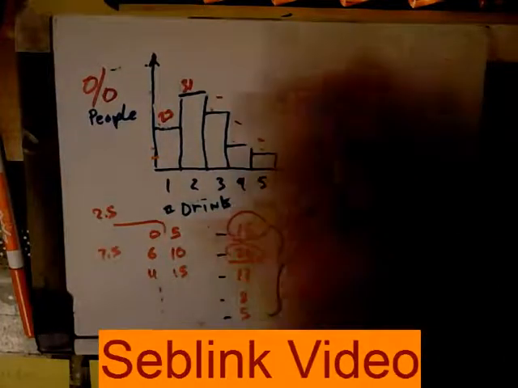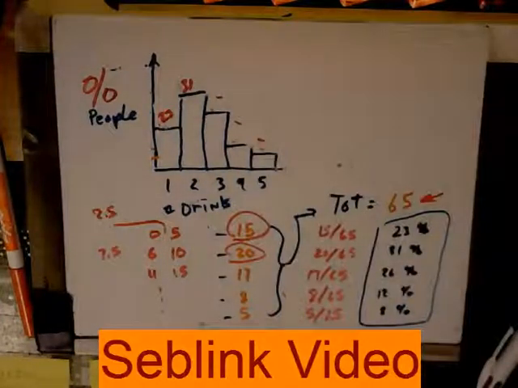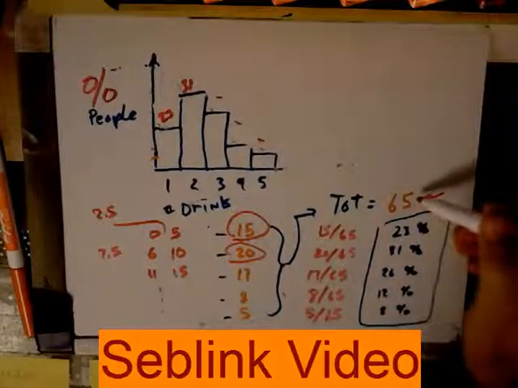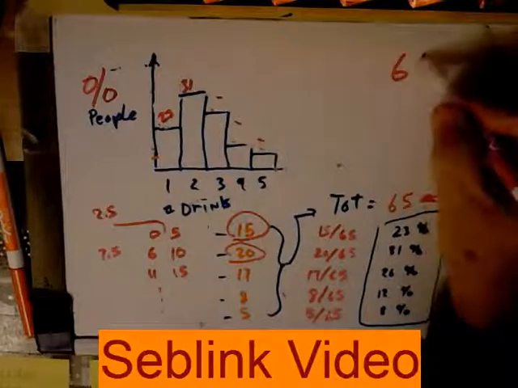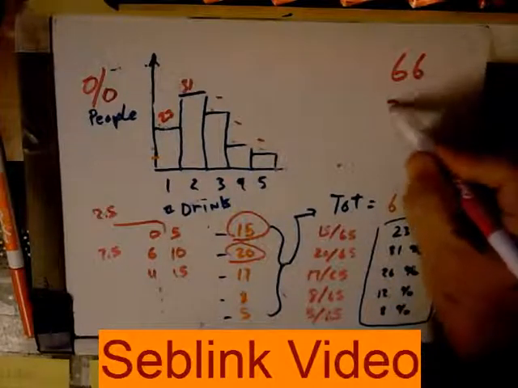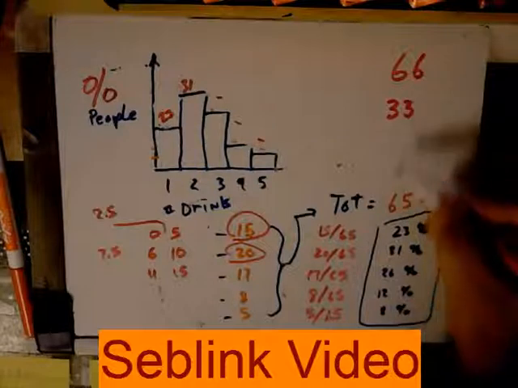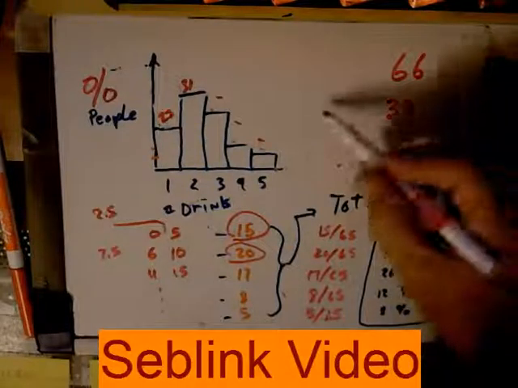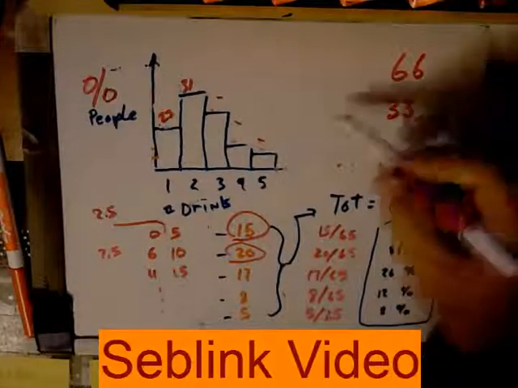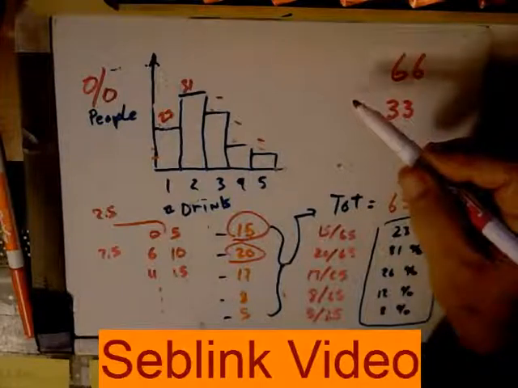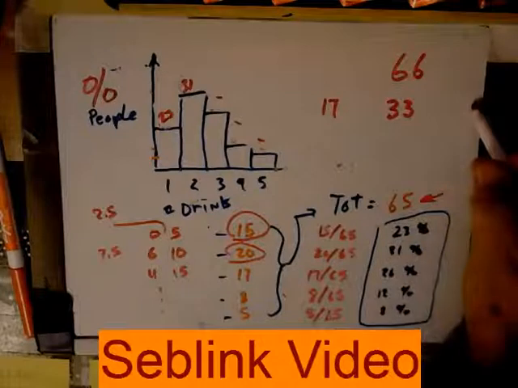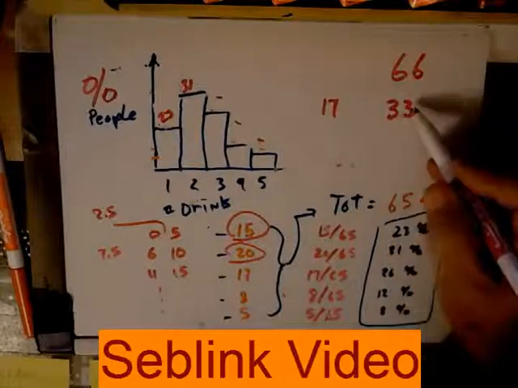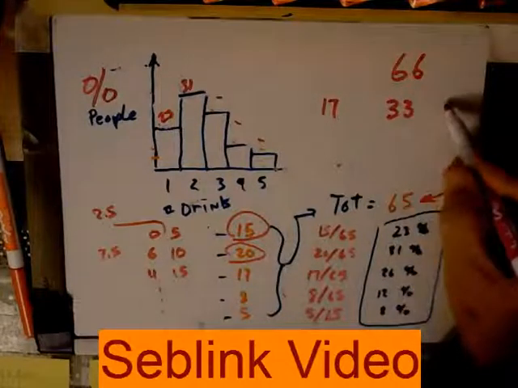So the question then is, how do I find the median? Well, 65 is the number of people. So if I were to increase that by 1 and say 66, the median would be the 33rd person. Q1 would then be half of that, which would be about the 17th person. And then Q3 would be about the 50th person.